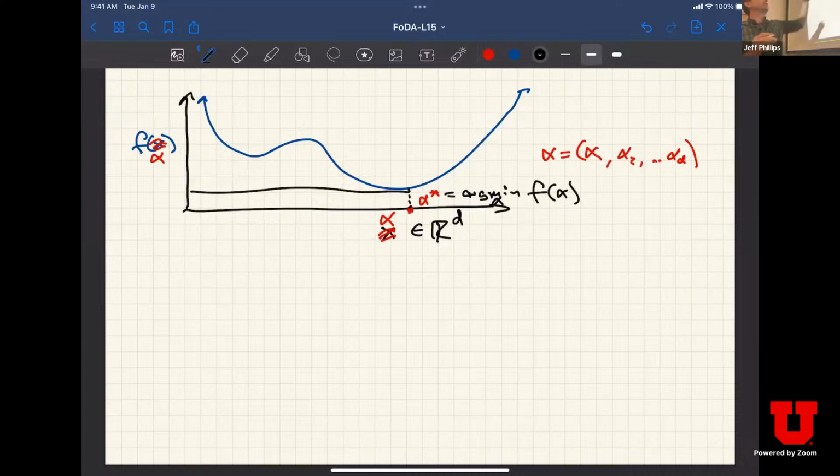Okay, so what we need to do is define these minimum, maximum, and gradients. And the first definition we need is the neighborhood of a point, and in particular, we're going to use a ball as this neighborhood of a point.